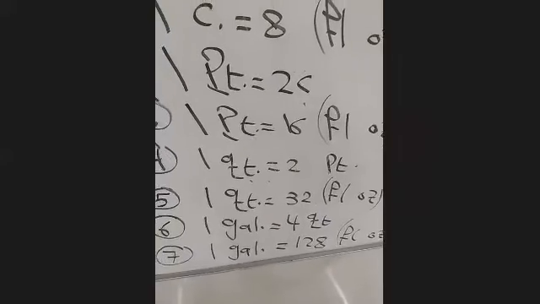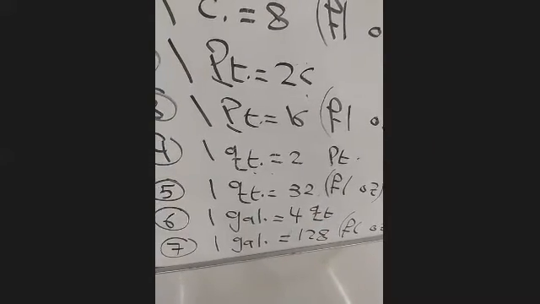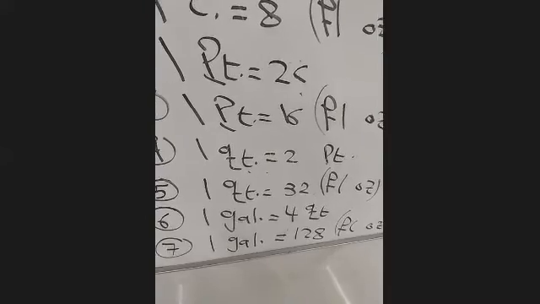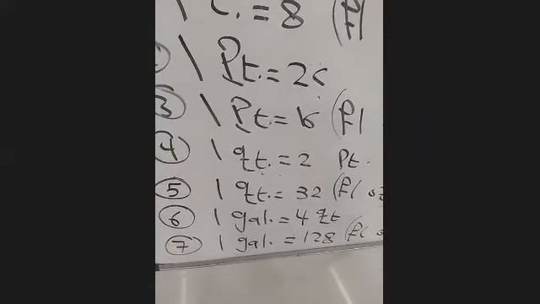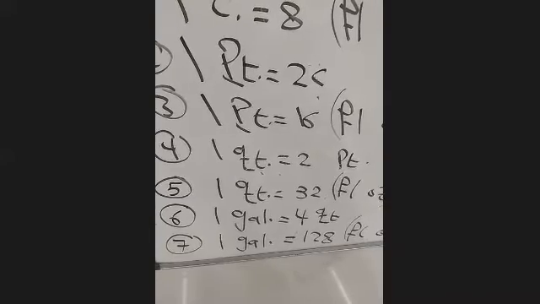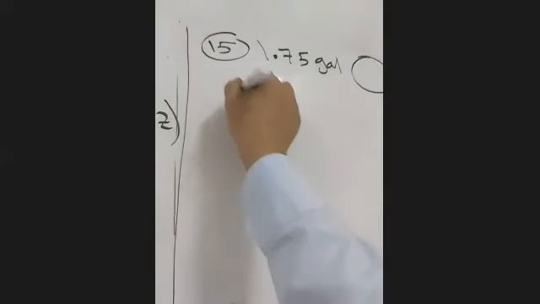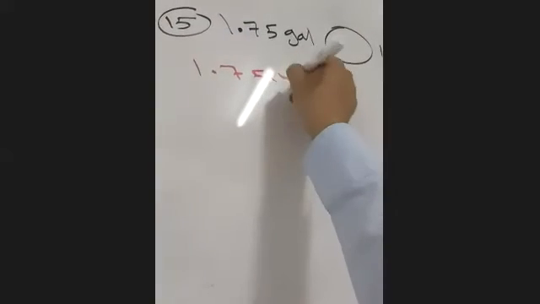How do we change the gallon to quart? The gallon to quart, we multiply by 4, right? So 1.75 multiplied by 4 equals.